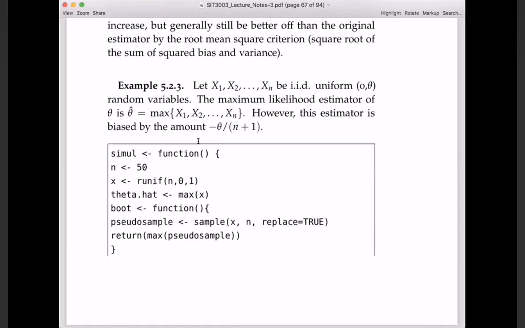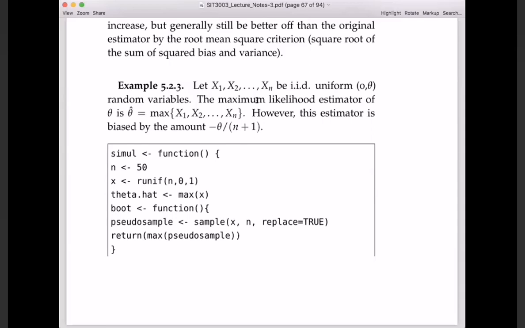So I give you an example here, on the estimation of theta in a uniform distribution. This is a classic example in mathematical statistics. Your maximum likelihood estimator for theta is the maximum of a random sample from the uniform 0 to theta, because the largest of these values would be closest to theta.